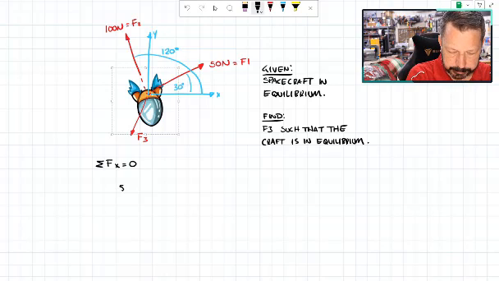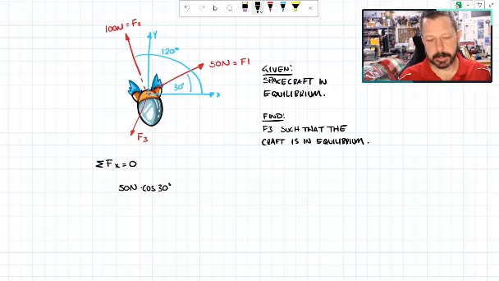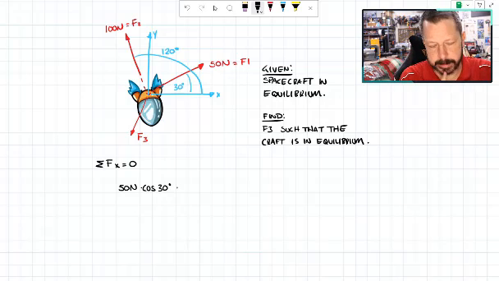It has 50 newtons cosine 30 degrees. Oh, this next part's good. Here you can make an easy mistake. I'm looking at F2.